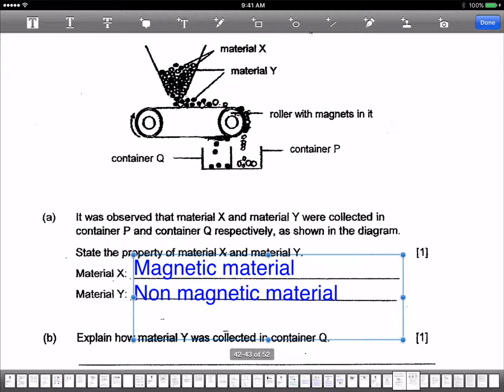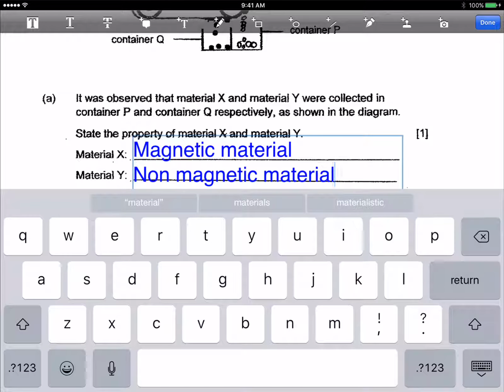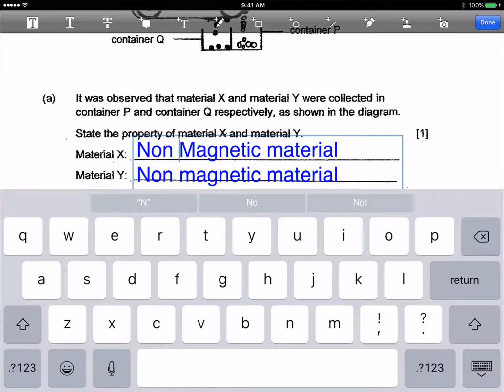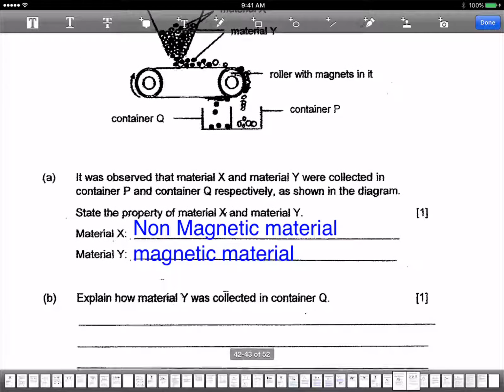X is the white color one, and then Y is the black color one. I can't tell. Never mind.